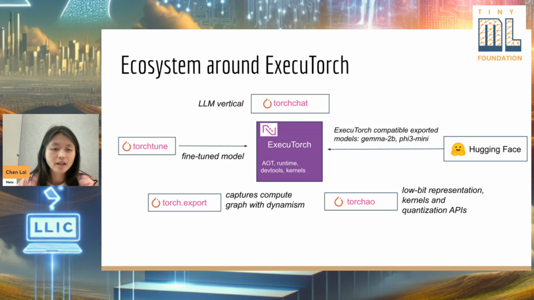Torchchat is a PyTorch library showcasing how to run LLMs across laptop, desktop, and mobile. For model sources, the models can be fine-tuned models from the Torch team with PyTorch native support. We also partner with Hugging Face to make the models ExecuTorch compatible, like Gemma 2B and Phi 3 Mini. The ExecuTorch ecosystem is built with all the parts working together.